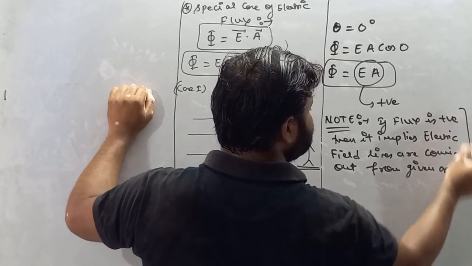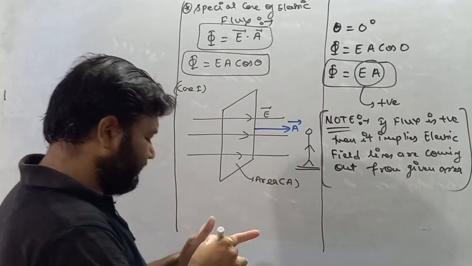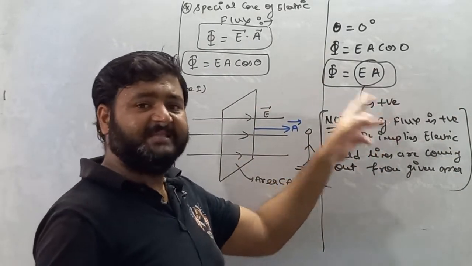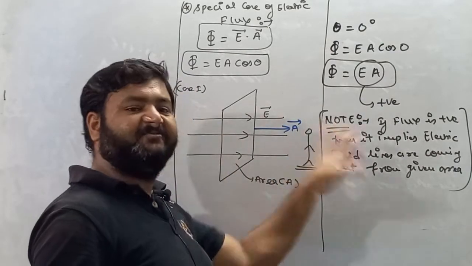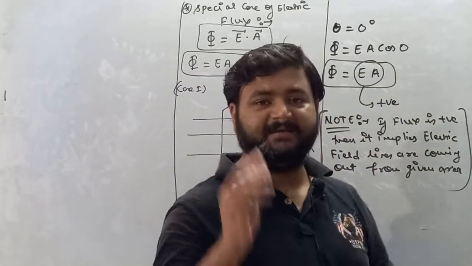You have to remember this point, my dear student, that if flux comes positive, then you must understand that electric field lines are coming out from the area.